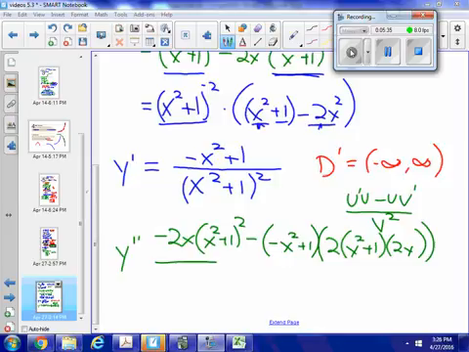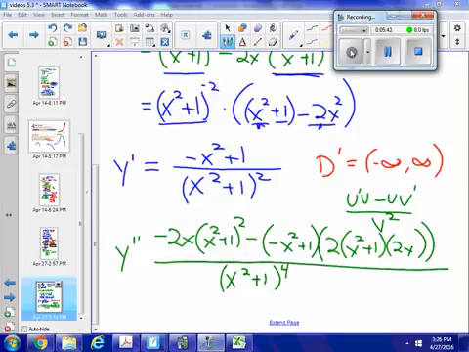And all of that will be divided by (x squared plus 1) squared squared, meaning to the fourth power.